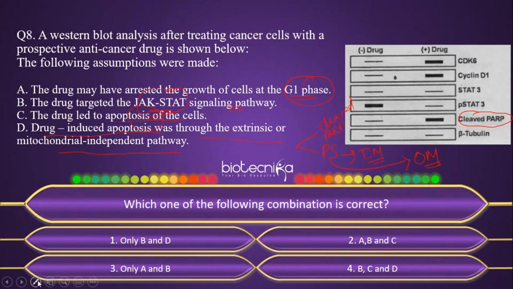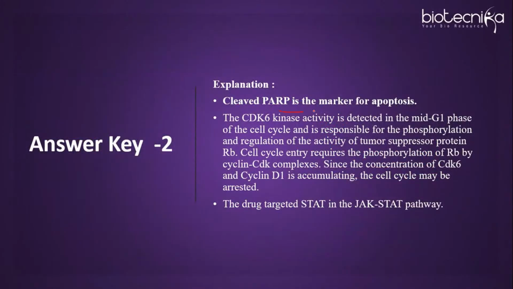Now, why? I have already mentioned. Cleaved part is the marker for apoptosis, right? And you are very well aware that G1 phase proteins like CDK6 and cyclins accelerate your G1 phase. They are responsible for phosphorylation and regulation of the RB gene.